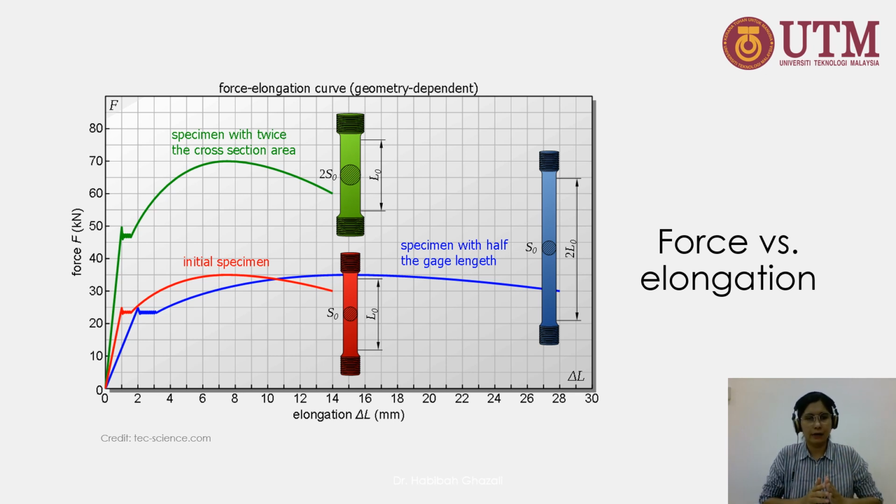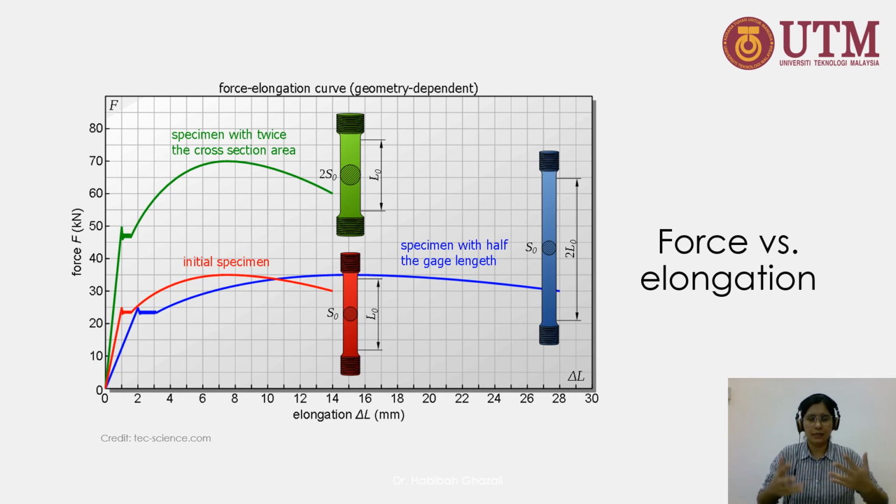If let's say I have the green specimen here, which is wood, and the blue specimen here is steel, and according to my force elongation curve, I would say that the wood can sustain a higher load compared with steel. But this is not true.